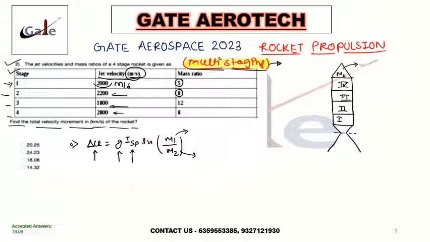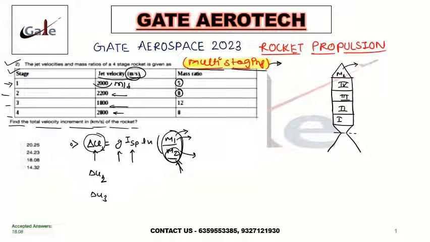This is a 4-stage rocket, so we will calculate the change in velocity for each stage. The change in velocity depends on the mass difference, that is, how much the mass changes after burning the propellant. m2 is the total mass when the propellant is burned.